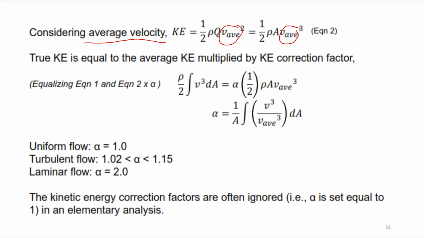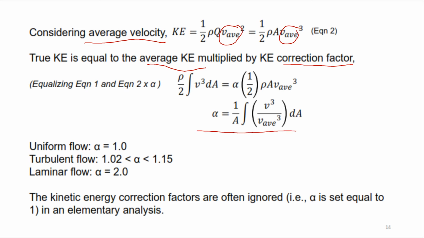And then the true kinetic energy is equal to the average kinetic energy multiplied by the kinetic energy correction factor. So we equalize equation 1 and equation 2 times the correction factor. So we get this one as the correction factor.